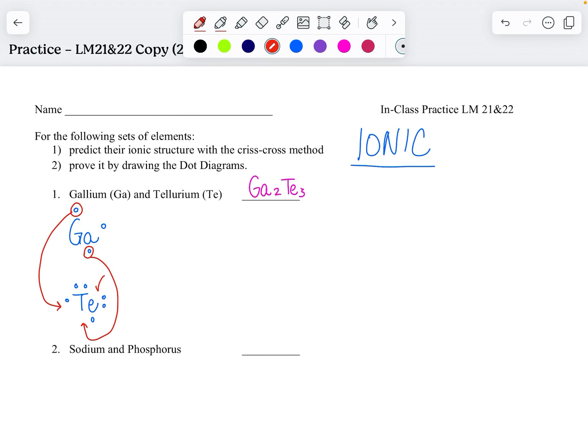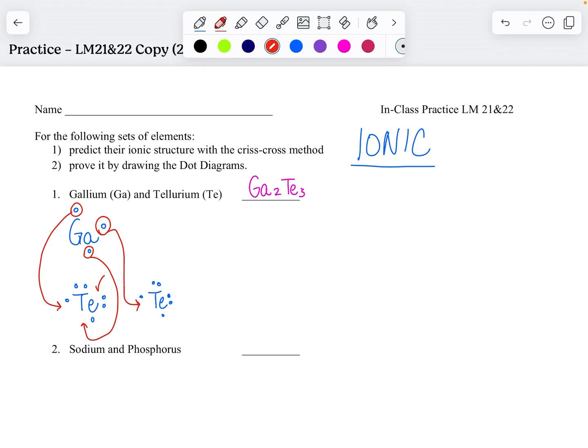Metals have to lose all of their valence electrons. So gallium is not done. It has to lose 1 more electron. So the only solution is to put in another tellurium, which still starts with 6 electrons, and that final electron from gallium can take a journey to that tellurium.